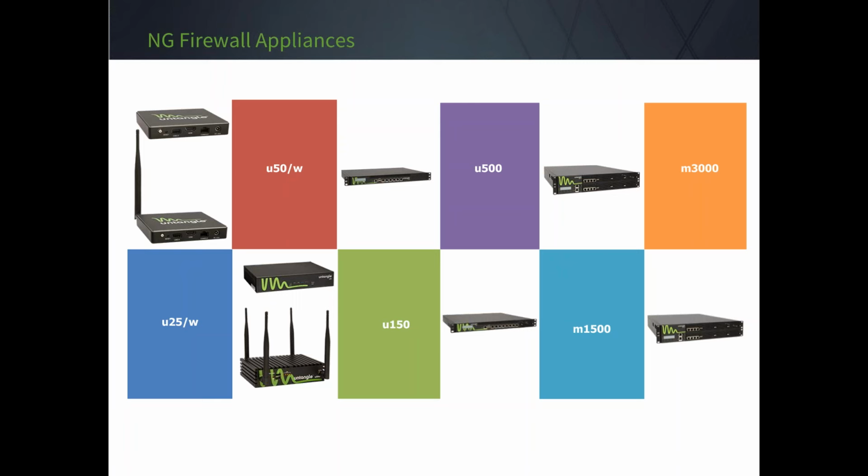So here on the screen, you see all of our options in terms of the hardware. We start as low as a U25, which is about 25 devices supporting a network, up to an M3000, which is 3,500 to 4,000 devices. That's kind of the scope of our range of our abilities to service.